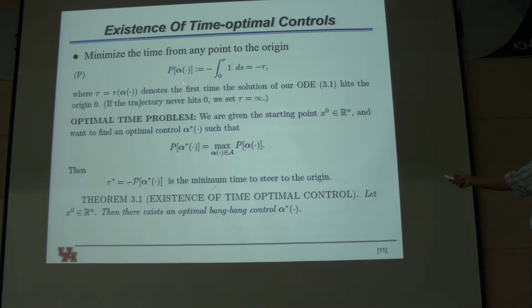The cost says that I finish this job from 0 to t, and when I'm doing this job, I have this, and then the overall is just the finish time. In other words, this optimal time problem is trying to minimize the finish time.